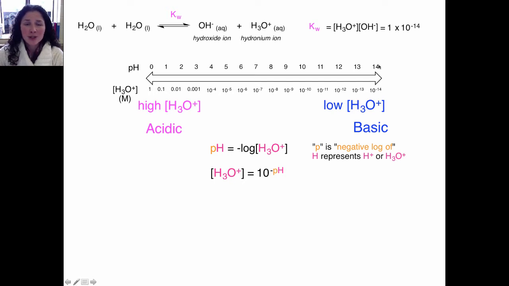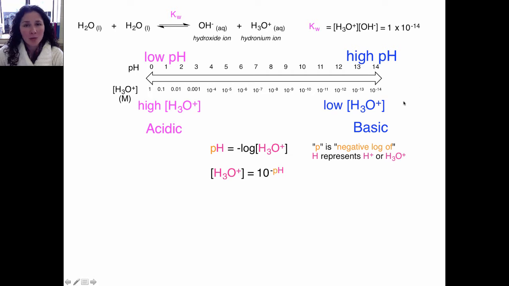There is an inverse relationship between the value and its negative log value. Acidic solutions have high concentrations of acid, but very low pH. On the other hand, basic solutions have very low concentrations of acid, but high pH values.